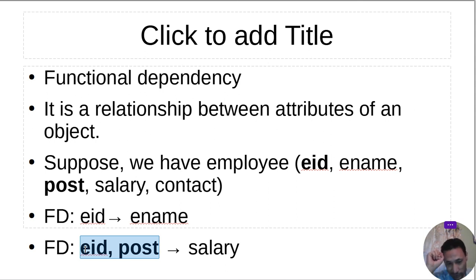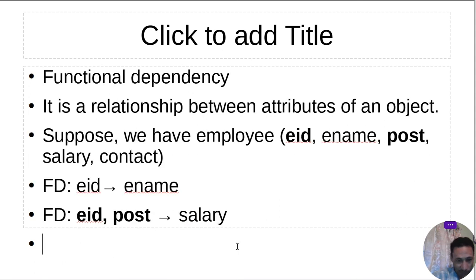But in real world situations, if we know the post of an employee, then we can know the salary also. That means to know the salary, just knowing post is sufficient. Post can determine salary. Post is the determinant and salary is the dependent.